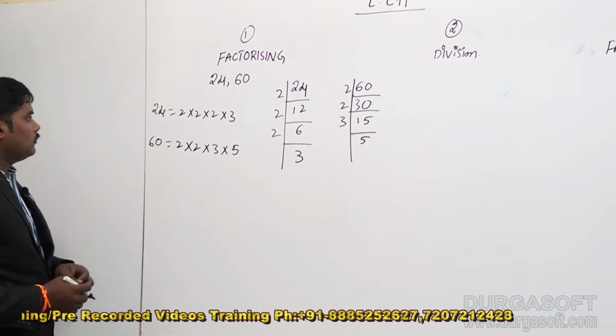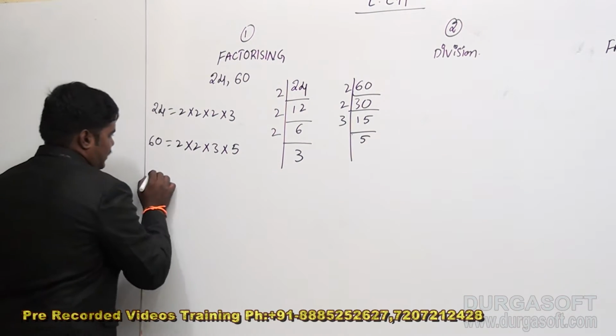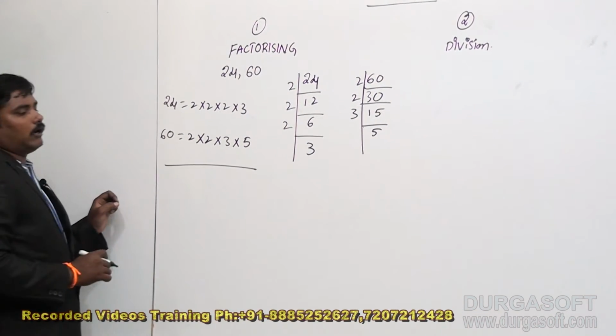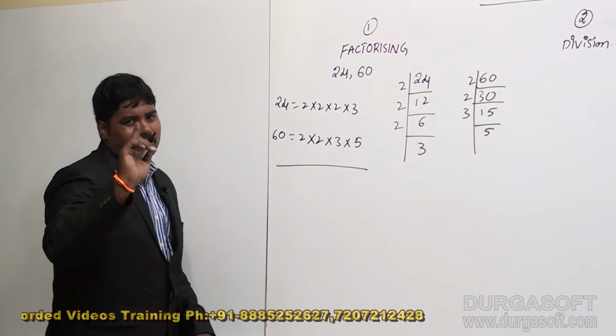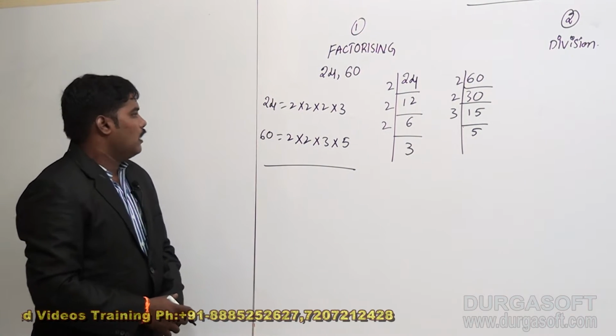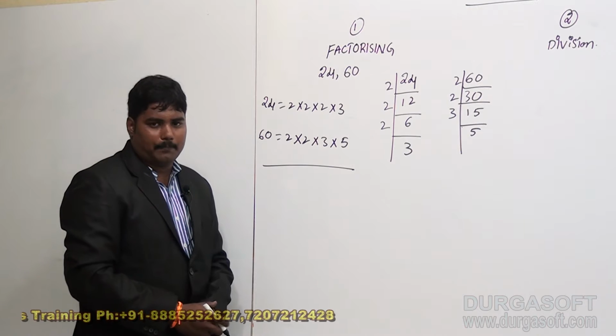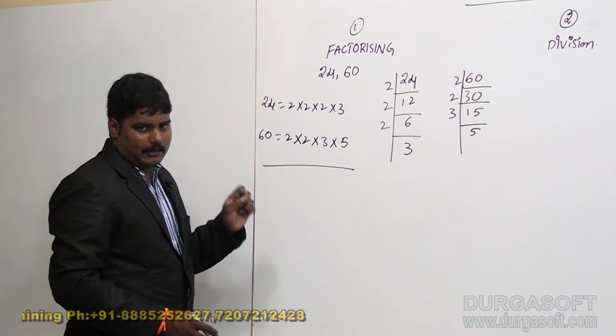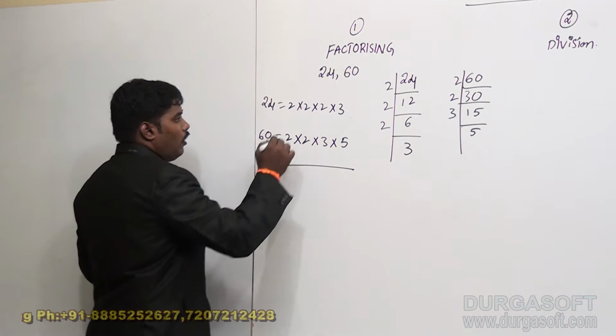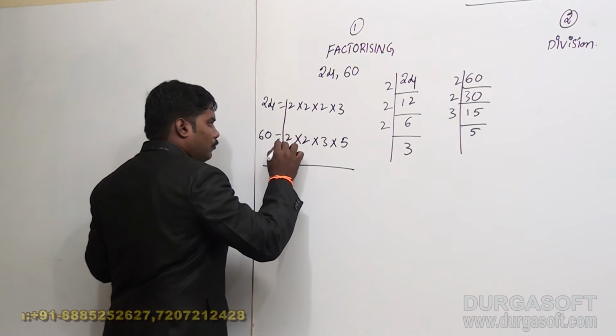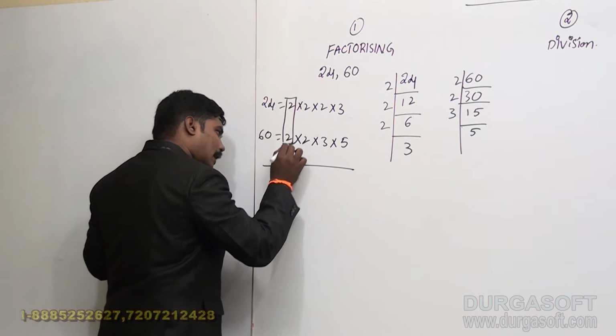For getting the LCM of those numbers, the common factors should be counted as a single time.